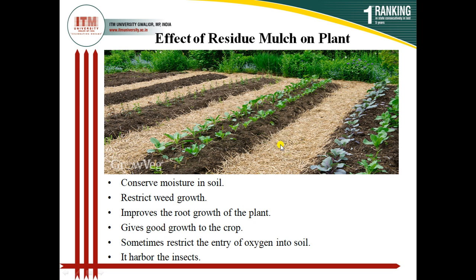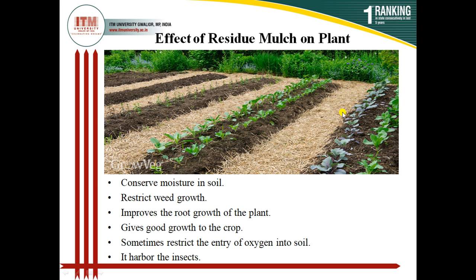This mulching basically being done by the dry crop residue, it is not decomposed. But here that disadvantage, that is, if it will decompose, it will absorb the nitrogen from the soil and your plant will suffer from nitrogen deficiency. This will not happen here, because the crop residue is resting on the soil surface.